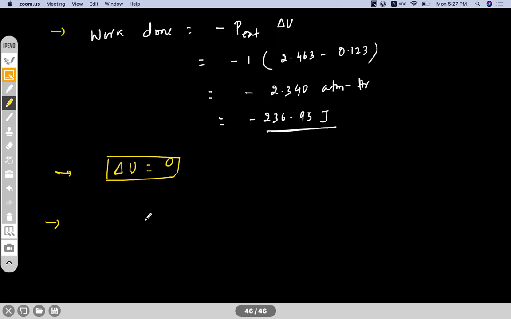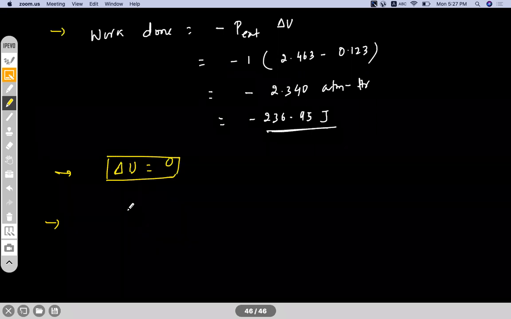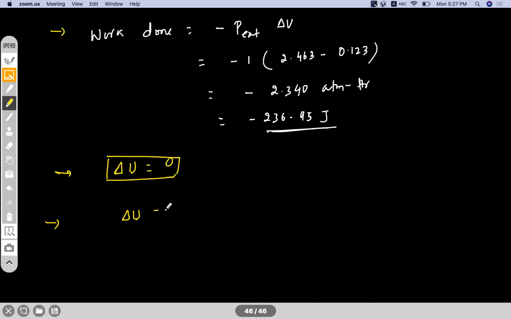Okay, so delta U is equals to Q plus W, we can write. We can substitute the value. So Q is equals to plus 236.95 joule.